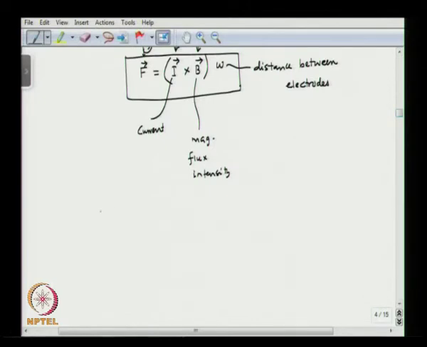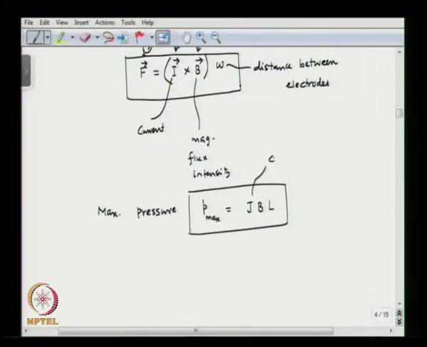So we can find out the expression for the pressure and flow. The maximum pressure P max has been estimated as J into B into L. J is the current density, B is the magnetic flux intensity which is defined here, and L is the channel length.